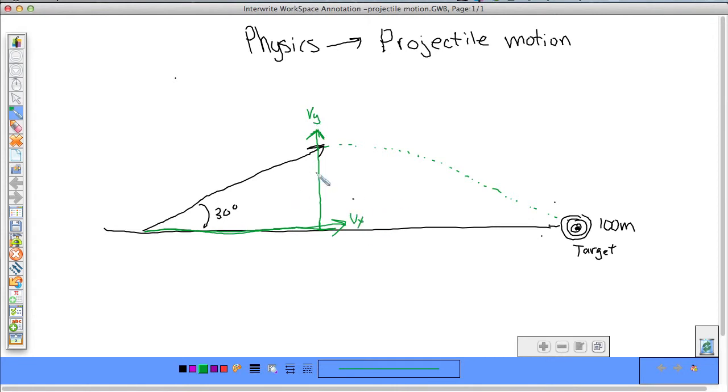The important thing to know with projectile motion is that the velocity in the vertical direction has the effect of gravity on it. Gravity affects anything that goes up, but gravity has no effect on the horizontal motion.